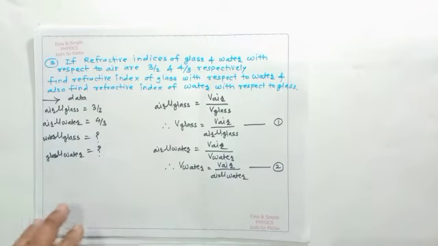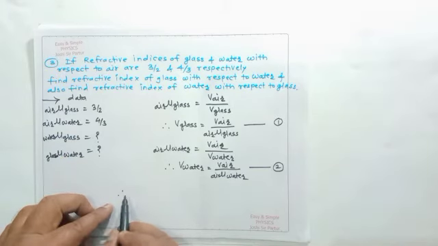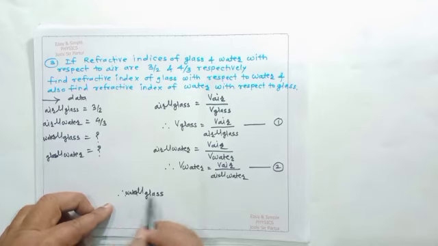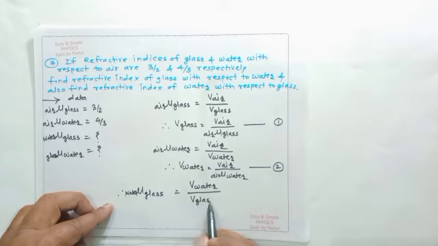Using these two equations, we can first find the refractive index of glass with respect to water. Therefore, the refractive index of glass with respect to water is equal to the velocity of light in water divided by the velocity of light in glass.